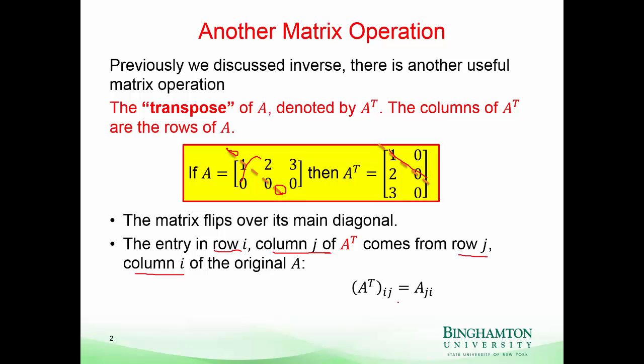Another way to say that is that the ij-th element of A transpose is the ji element of A. So there's an illustration for this given matrix. Here's the A13 element, and that becomes the 3-1 element of the transpose.